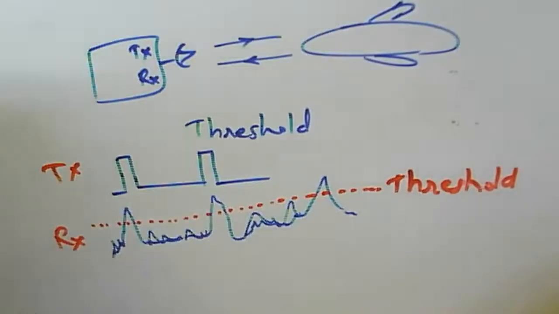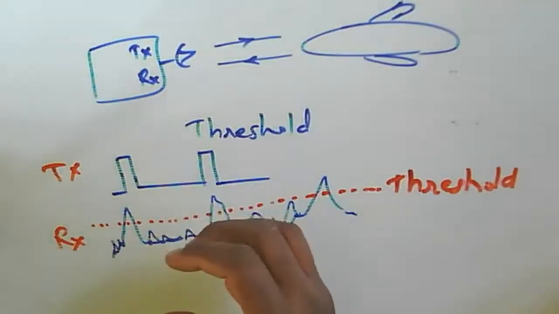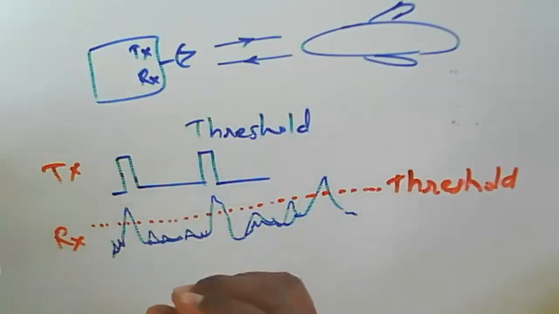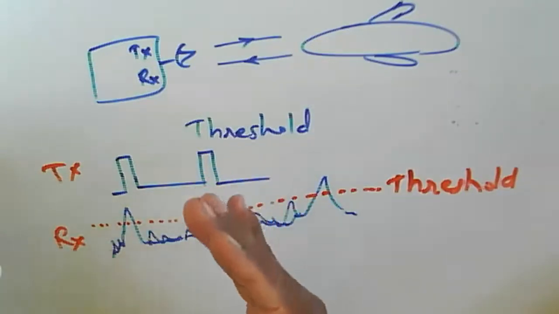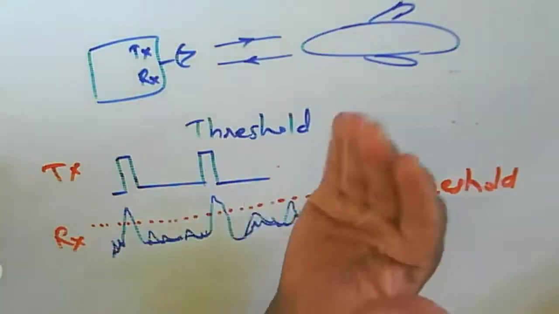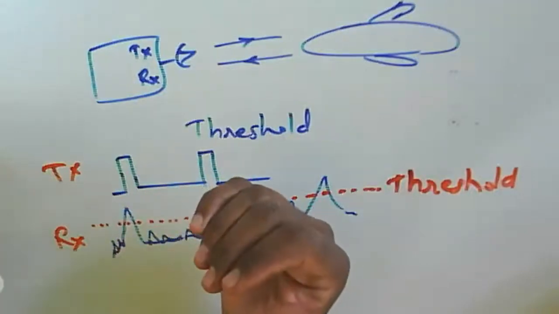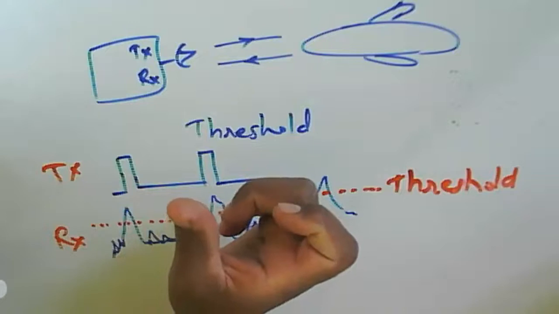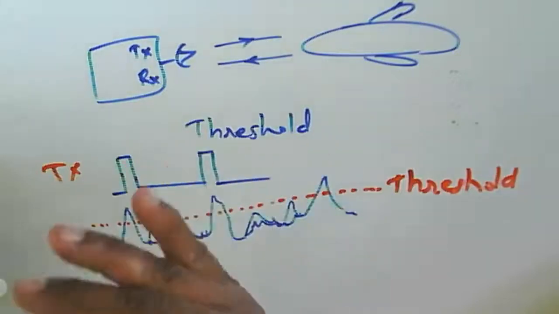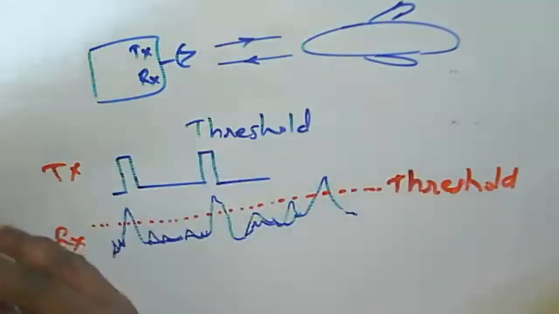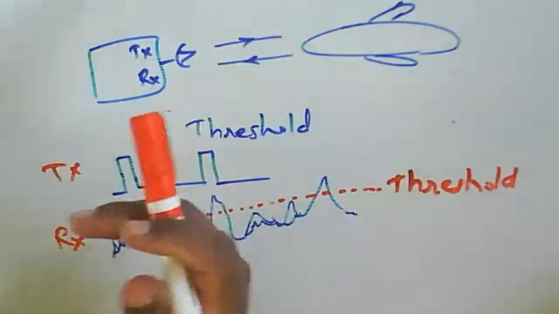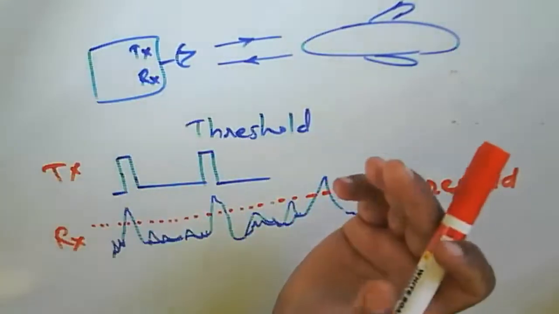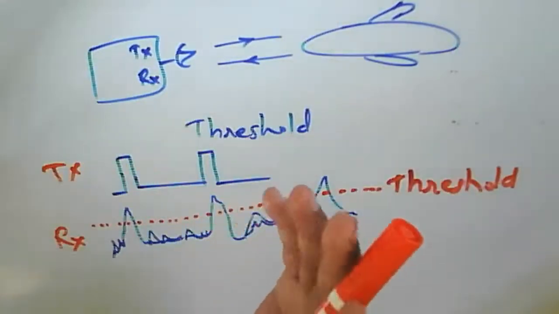Then how does that noise come in a given system? That noise is because we are supposed to get the echo signal at the receiver, and noise is generated because of thermal agitation, or we can say the conduction of electrons.